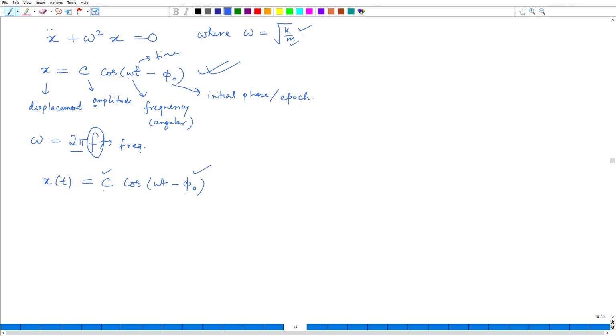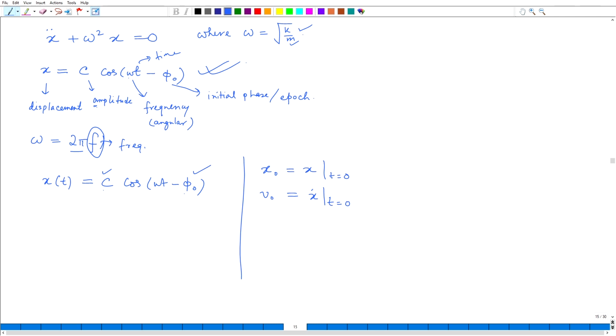Let us say the initial condition is that the oscillator had some initial displacement x 0. So x 0 is nothing but x at t equal to 0, and at t equal to 0 its velocity, x dot, was v 0. If we have this assumption, then what to do?